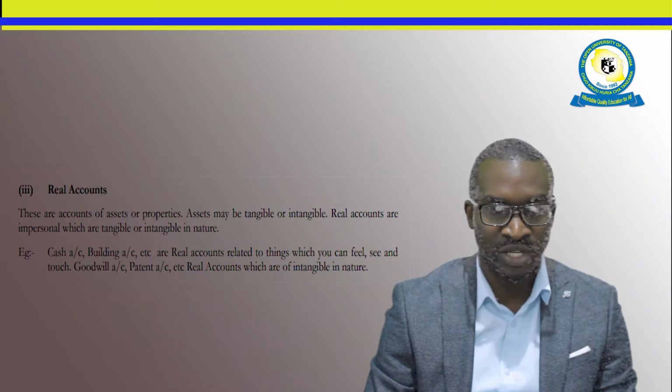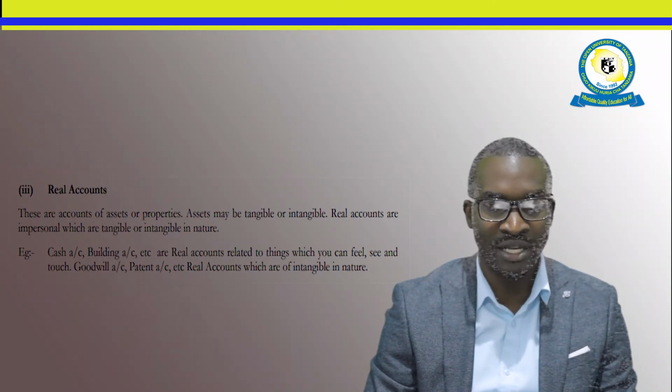I repeat, real accounts relate to things that you can feel, touch, and even see them. But you might also have intangible assets, which are things that you cannot see.